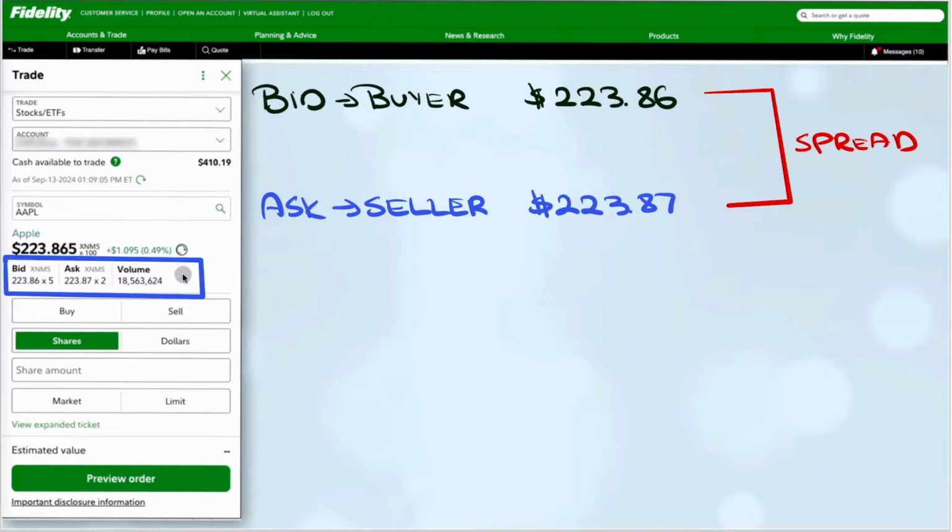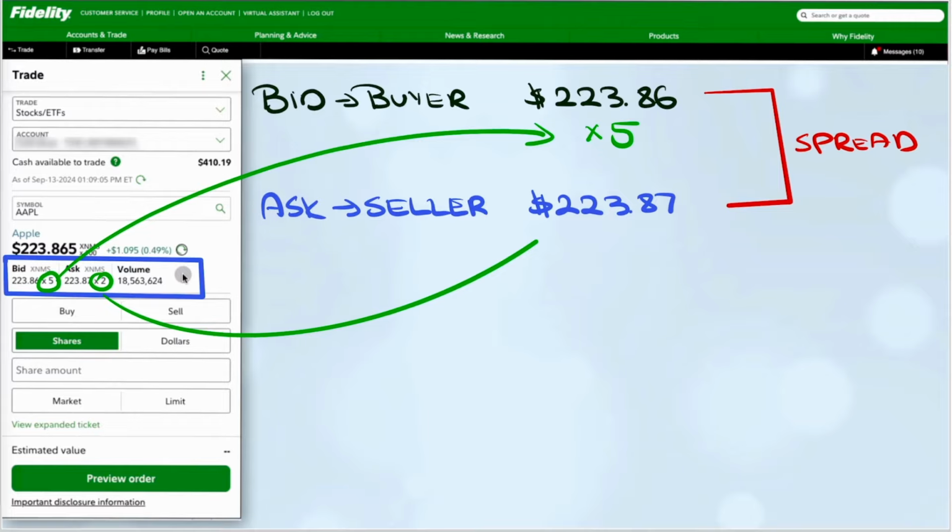The difference between these two prices is called the spread. The spread on high volume stocks is very small, as in the case of Apple. Also, notice the number after the X, which shows how many shares people are willing to buy at the bid or sell at the ask divided by 100.